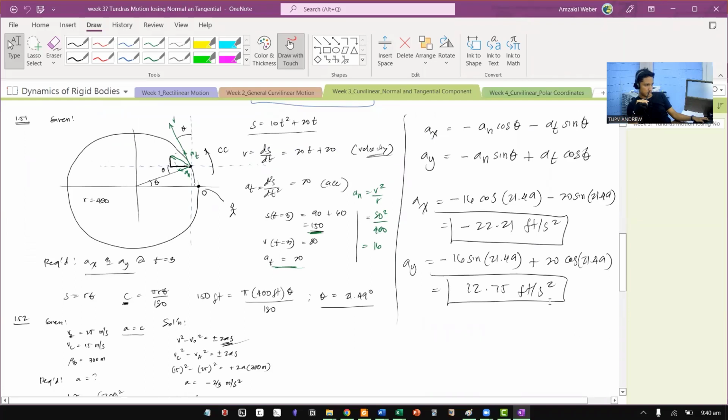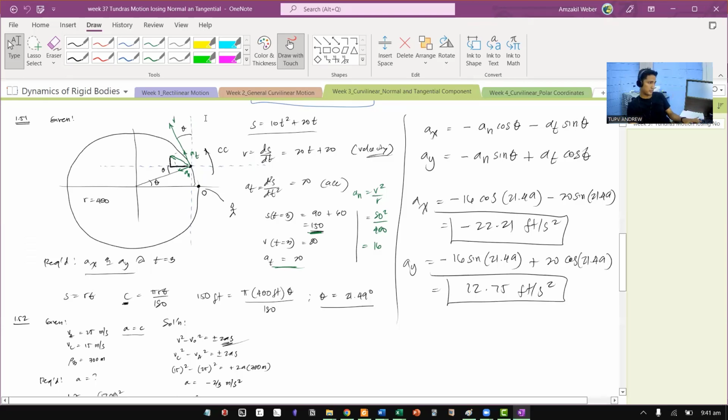But now, AX, AY. So the solution is exactly the same. The only difference is the notation used.